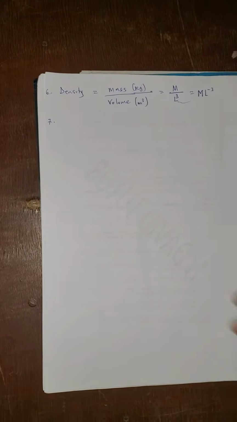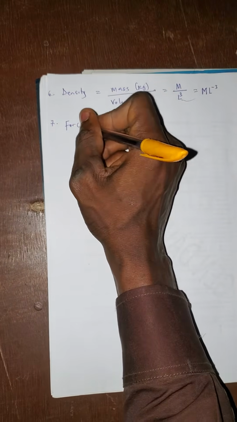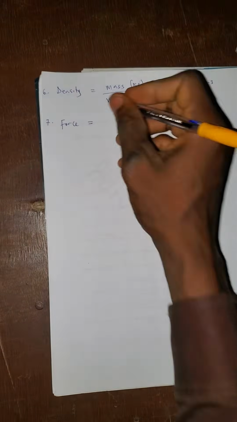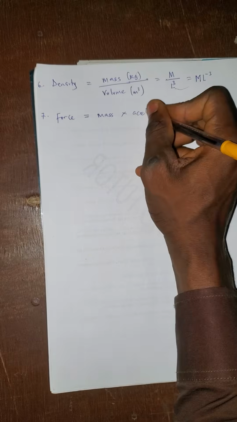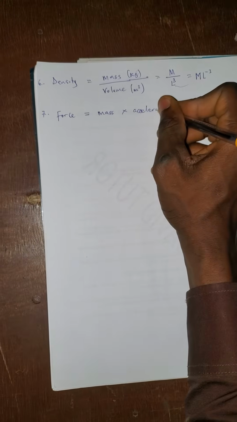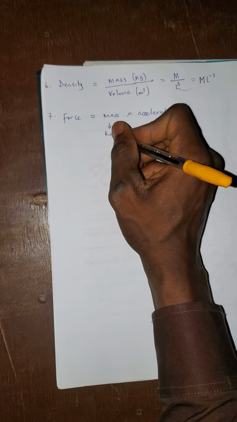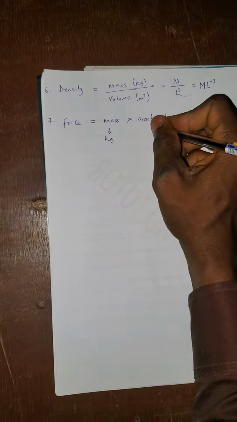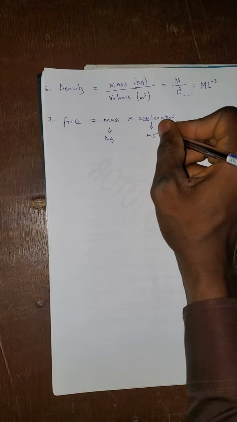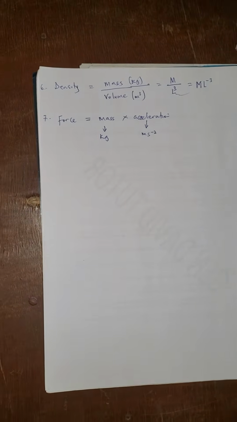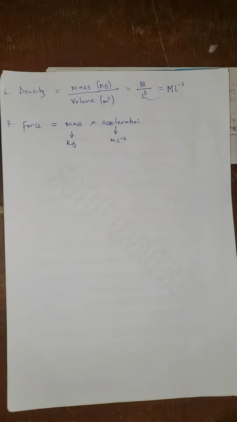Now, number 7. If you are asked to find the dimension for the force, don't forget that force is mass times acceleration. Mass is measured in kg.